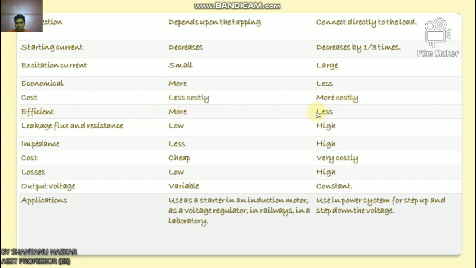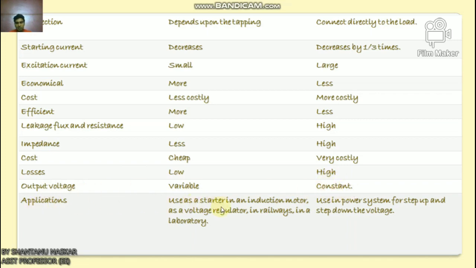Efficiency is more, and for conventional it is less. Leakage flux and resistance are low, and for conventional high. Impedance is less, conventional high. Cost is cheap, conventional very costly. Losses are low, for conventional high. Output voltage is variable, and for conventional constant.